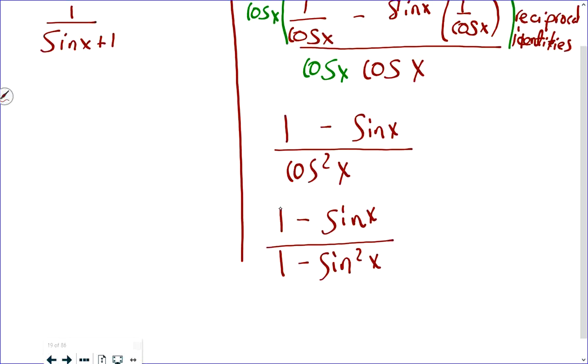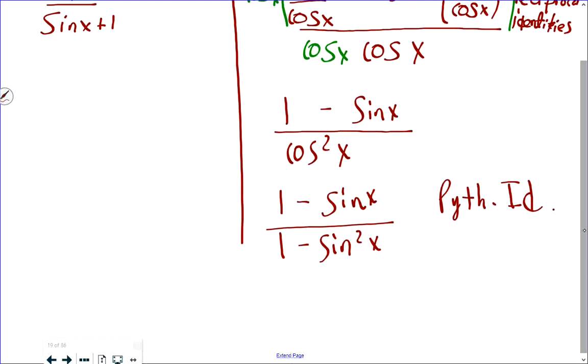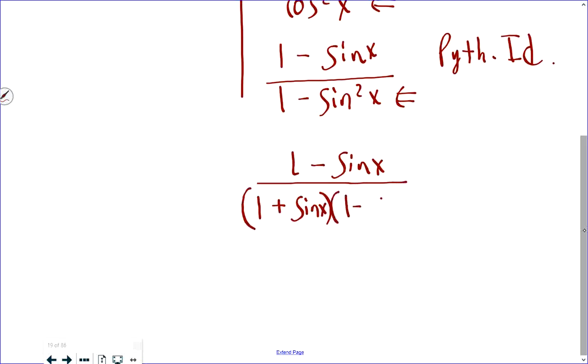Right, so we're using a Pythagorean identity here. And I'm just abbreviating. You can abbreviate too, just not on an exam. Just to make it clear, this cos squared of x is the same as 1 minus sine squared. But 1 minus sine squared factors into 1 plus sine x times 1 minus sine x.